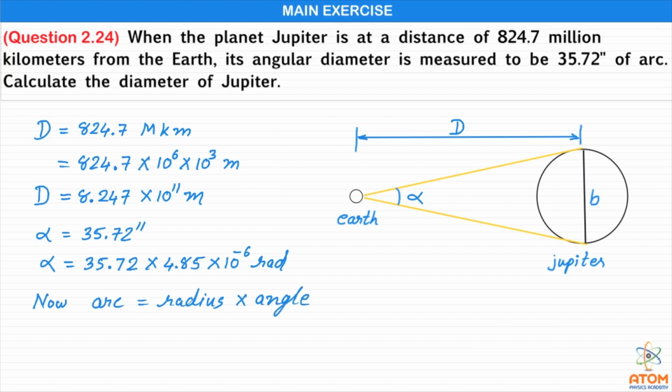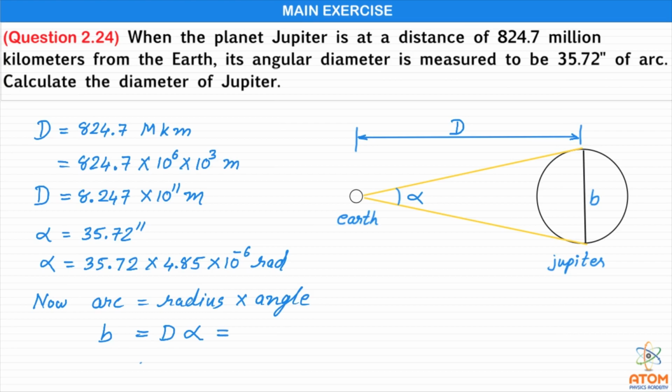So this arc b is capital D, the radius, into angle alpha, and this b, that is the diameter of Jupiter, is what we need to find out.